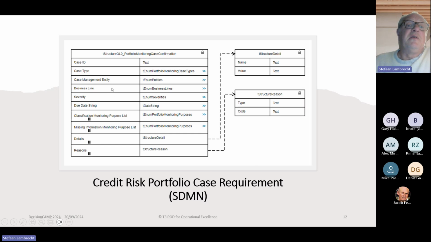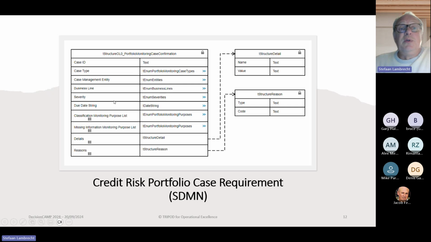Within these entities, there are business lines like teams that handle public and social organizations, teams handling larger corporations, or teams handling smaller companies, etc.